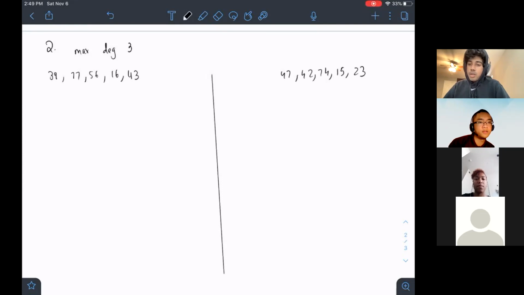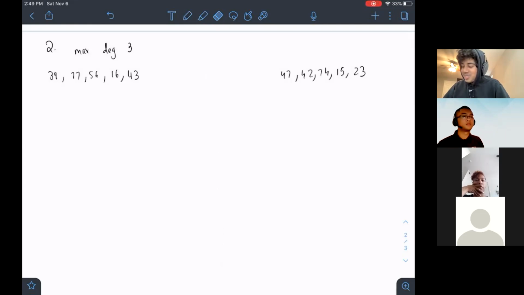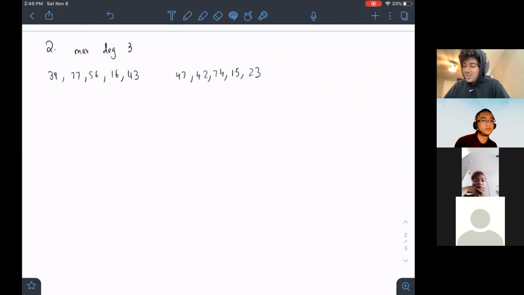Same tree? No, because he says please create both on one paper. No, I meant both are the same data. Like the BST and the B tree would both be this. Oh, BST and B tree. Okay, I didn't read the BST part. I was so confused as to what you were talking about. That's cool. That actually makes it easier for us.